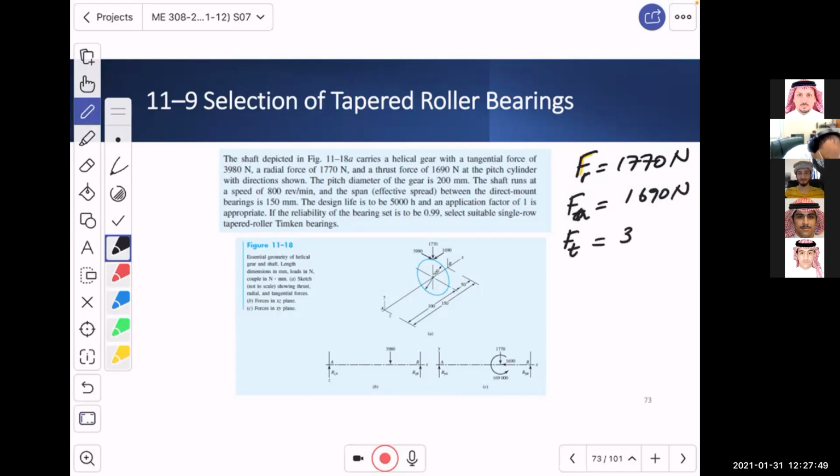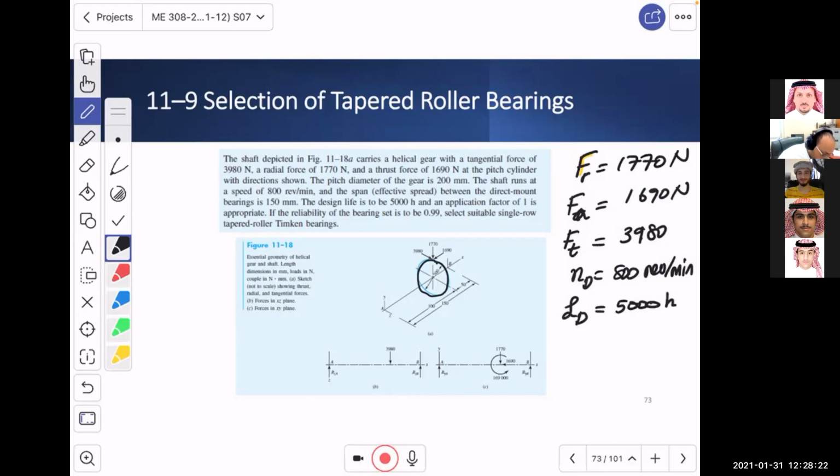Tangential 3,980. And then what do we have also? We have the pitch diameter, which is the diameter that we use to calculate the torque. Then we have a speed N D, which is equal to 800 revolutions per minute. And we have L D in hours, which is equal to 5,000 hours.